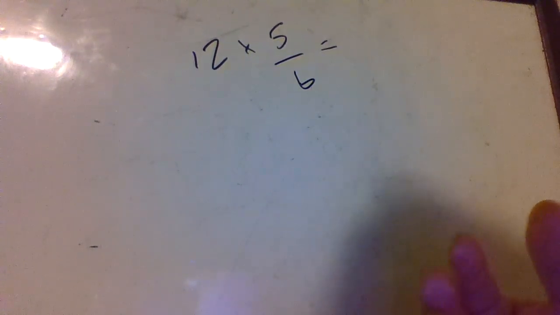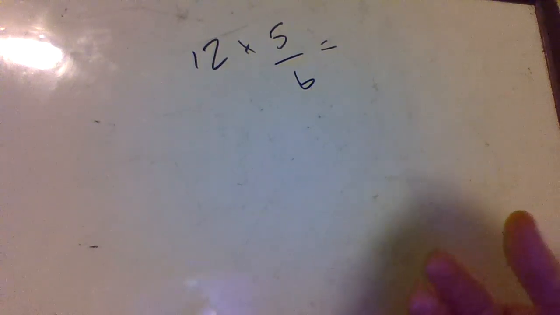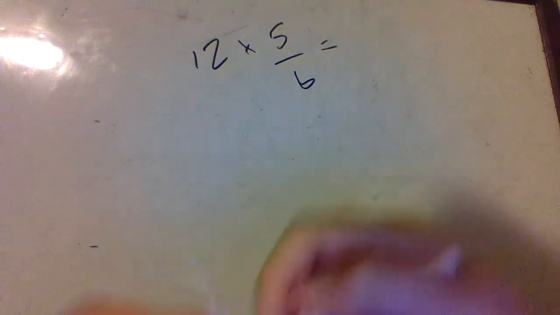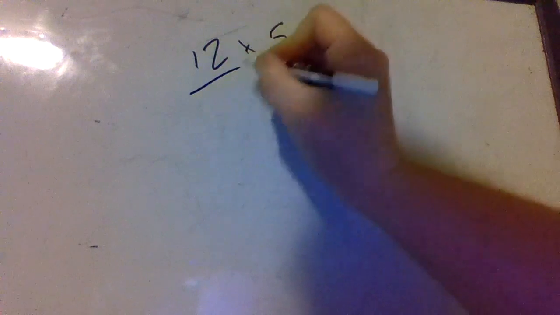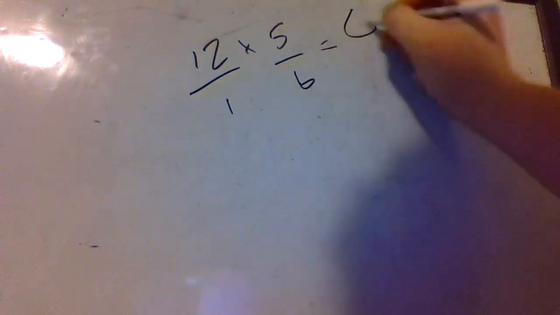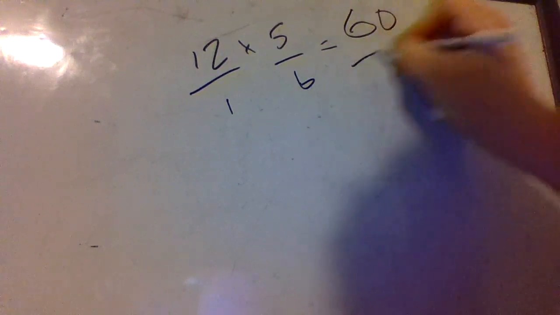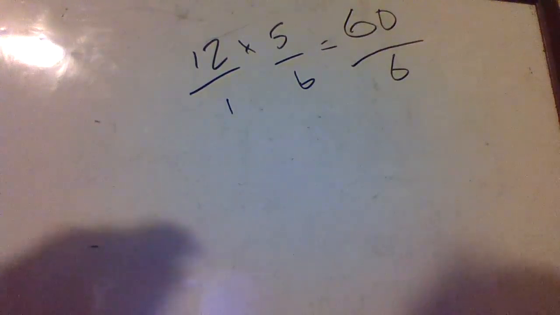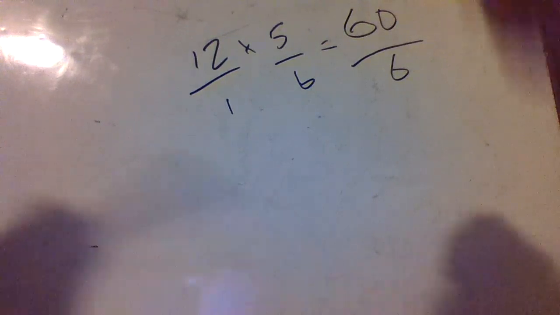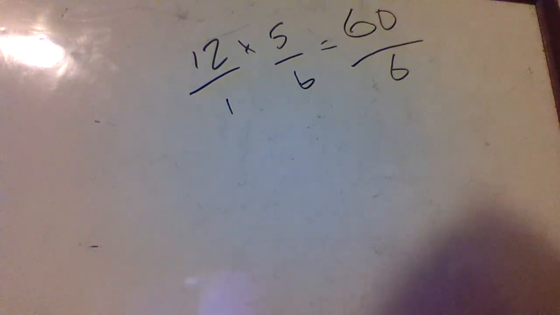But for now, we just need to get the concepts down. So we know that 12 is a whole number, goes over 1. 12 times 5 is 60. And 1 times 6 is 6. So, like I said, we're going to work with that improper fraction later. But right now, we're just going to do the multiplication of fractions.